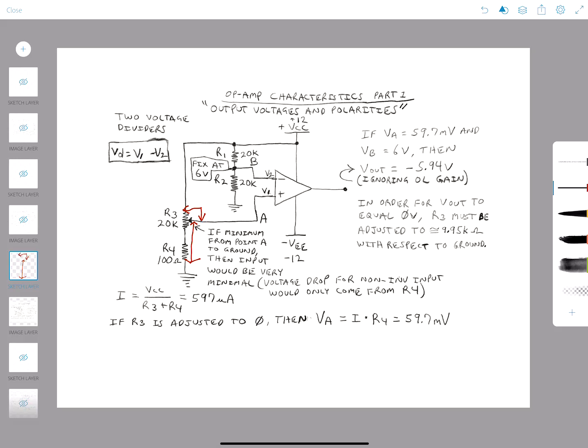And that will give us that 6 volt drop as we have on the other voltage divider network. If we have that 6 volts here and that 6 volts here, those will cancel out with each other because they are with respect to ground on this V1, and that will give us 0 volts on the output.